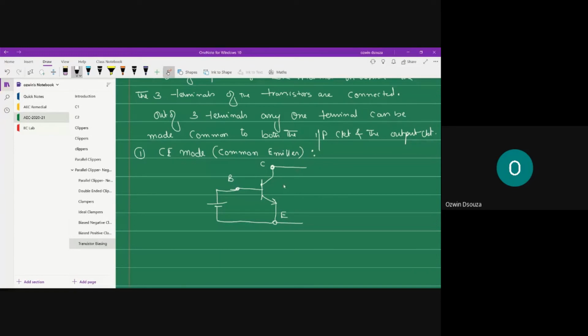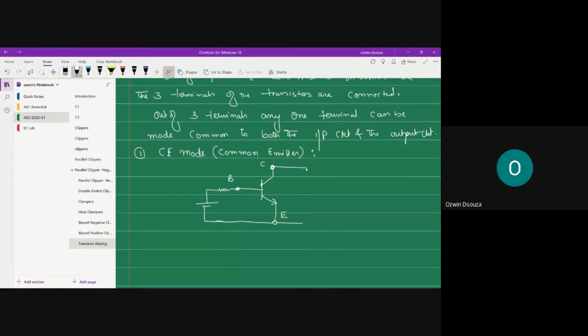I'll not connect any resistors. Do you want me to connect any resistors? Okay, let me connect. These resistors are meant for controlling the current, that's all. I'll not mention the value of resistance. That is immaterial to us.